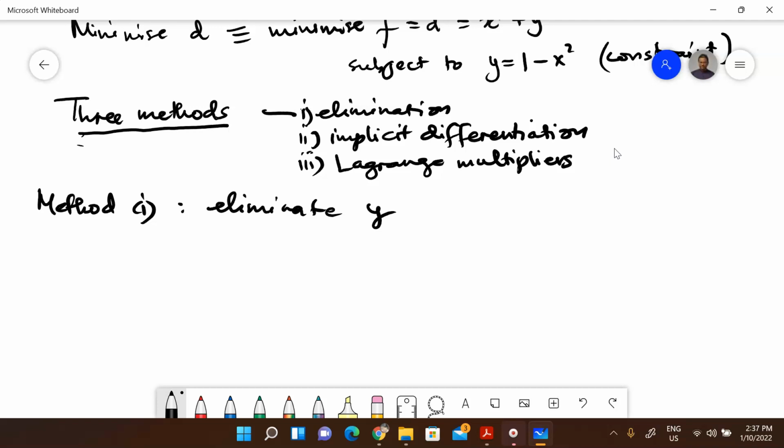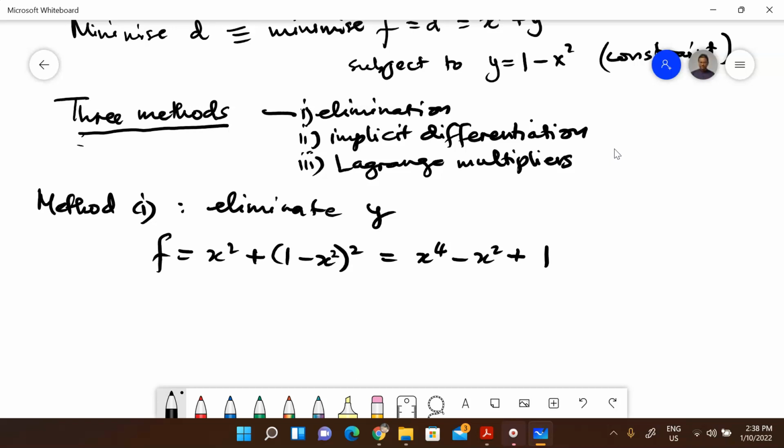So let's look at what happens to the function that we want to extremize here. We have x squared plus y squared, and y is now given in terms of 1 minus x squared. There's a square here, sorry. And then we can expand that to be x to the 4th minus x squared plus 1.